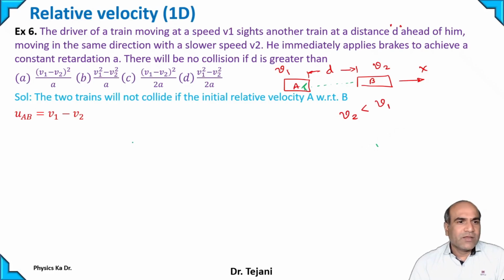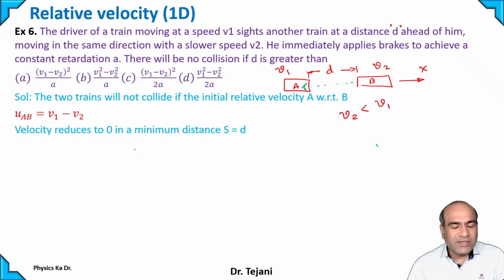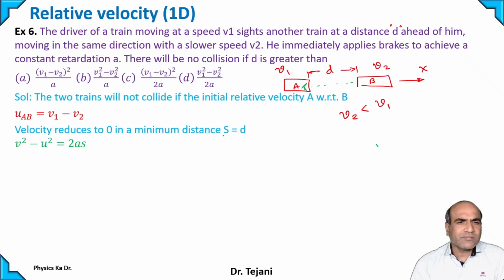We know that the relative velocity between the final velocity of the first train and the final velocity of the second train reduces to 0. So then you can say the relative distance, let us assume S is equal to d.